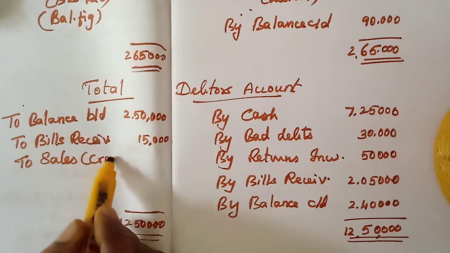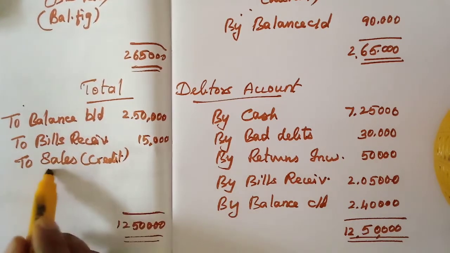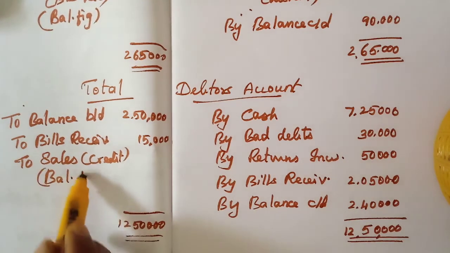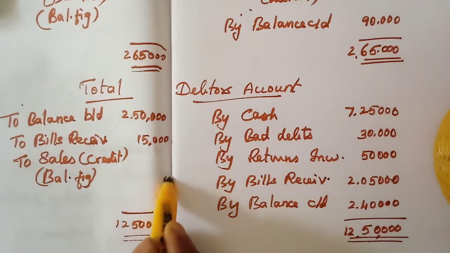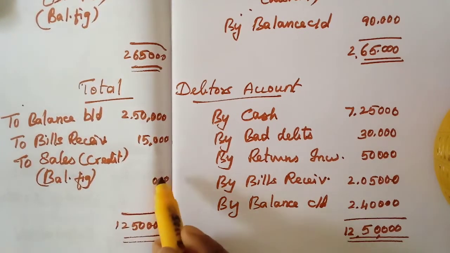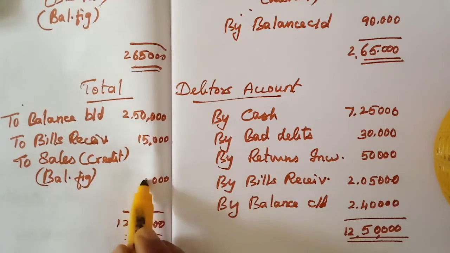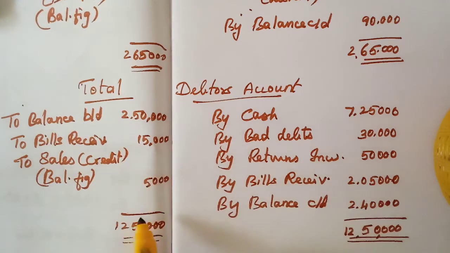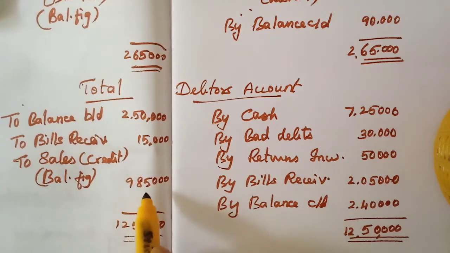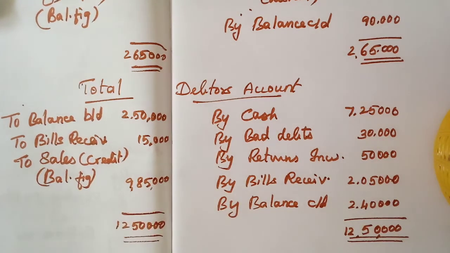Credit sales, balancing figure. Calculate the amount. 0, 0, 0, 5, 5 plus 5, 0, balance 10, balance 1, 6, 7, 7 plus 8, 15, balance 1, 3, 3 plus 9, 12. So 9,85,000. This is the credit sales we have calculated.